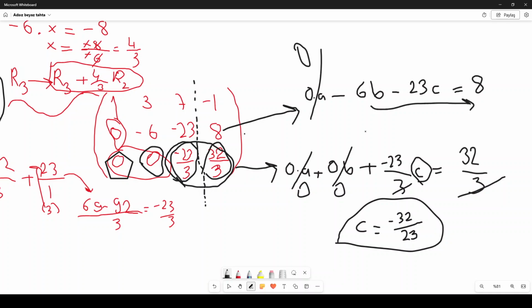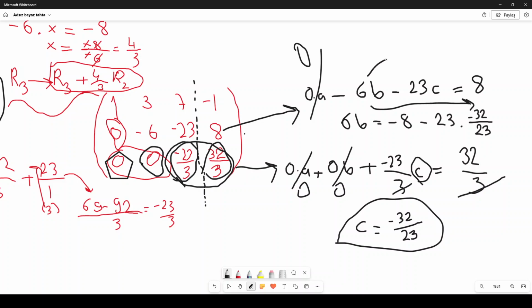So if I put it there, 6b is equal to minus 8 minus 23 times minus 32 over 23, because the value of the unknown variable C is equal to minus 32 over 23.